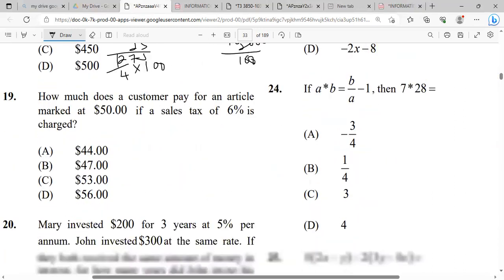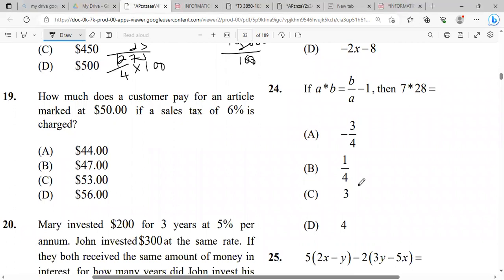How much does a customer pay for an article marked $50 if a sales tax of 6% is charged? So it's $50, and we're going to add 6%. So what we need to do is find 6% of $50.